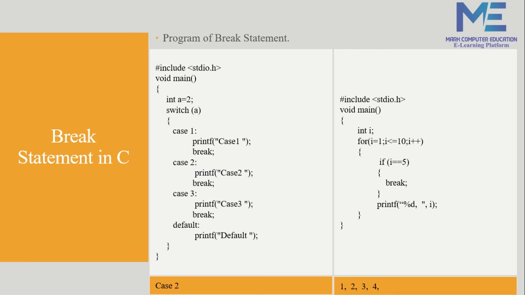Why? Because I had given a condition in the loop that if the value of i is 5, then my loop will break. Right. So my loop will execute only 4 times. It will not execute 10 times. That's why my output is 1, 2, 3 and 4.